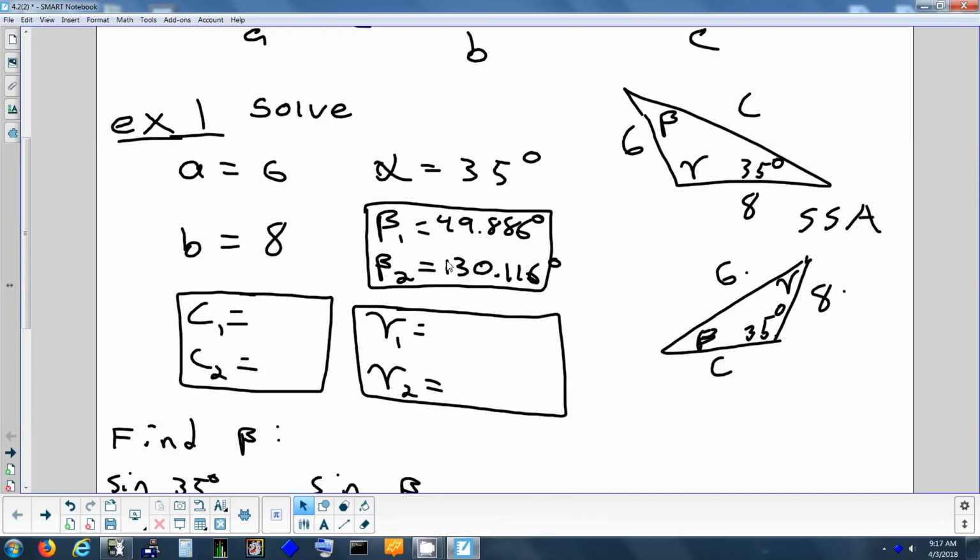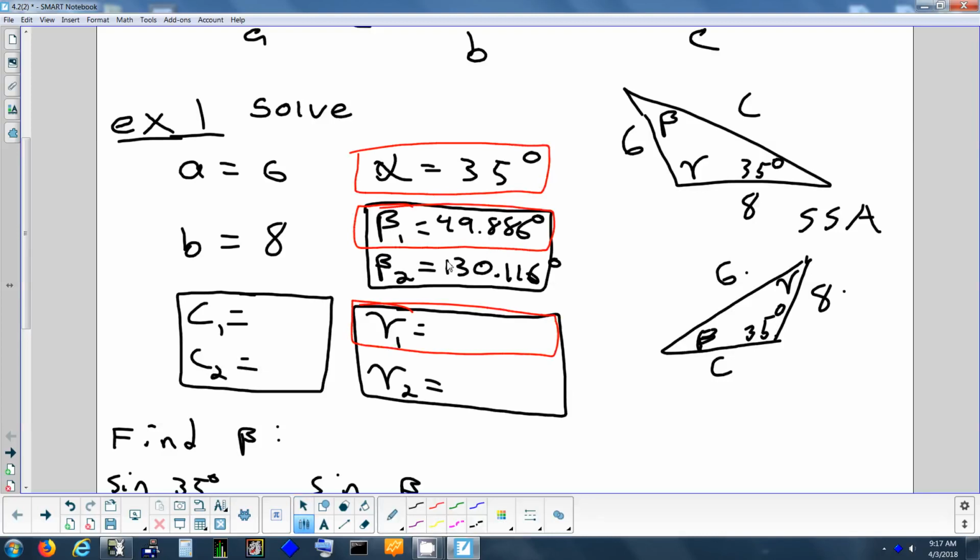Just to kind of make it clear what's what here, I'm going to put boxes in color around the information in one triangle and then the information in the second triangle. So in the red triangle, we have alpha, beta 1, and gamma 1.